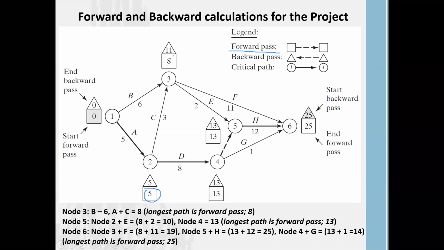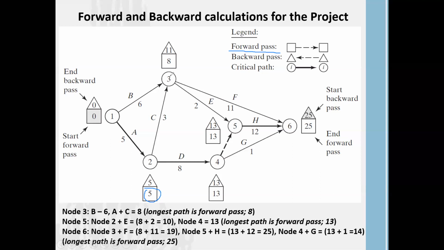Now you can see that the forward pass of node 3 is 8, not 6. Why is it 8? Node 3 also needs node 2 to be completed. Only after completing 1 and 2 can you go to node 3, because the path goes through 2 to 3.